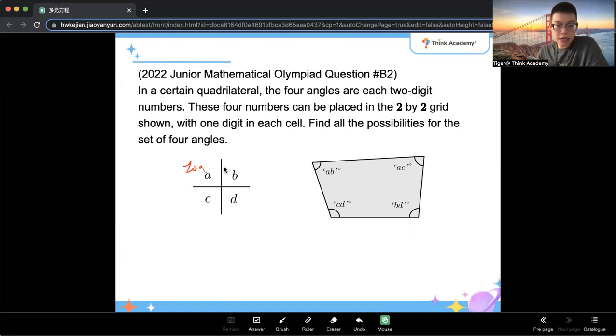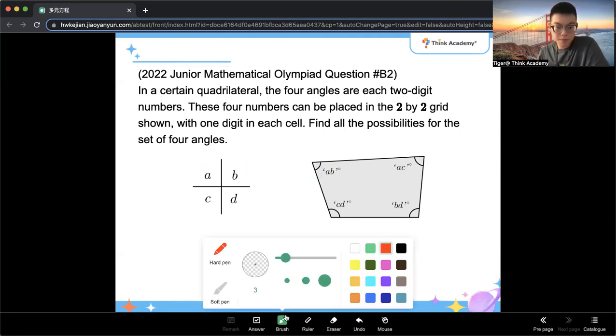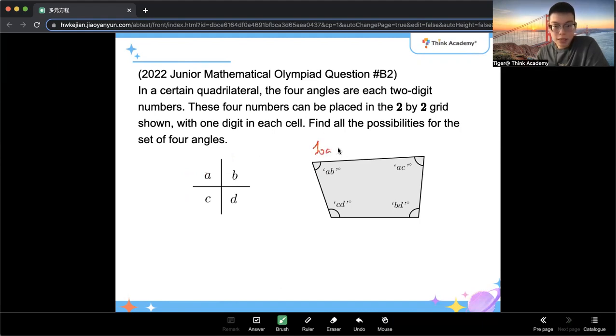So it's 10a adding b, 10a adding c, 10c adding d. So probably I'm just going to write it here. 10A adding B, 10A adding C, 10C adding D, and 10B adding D, right?